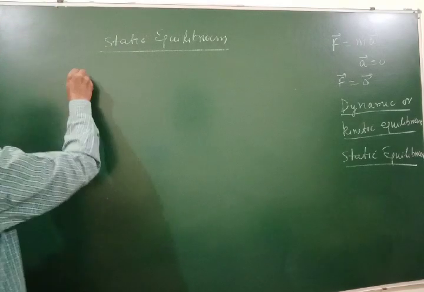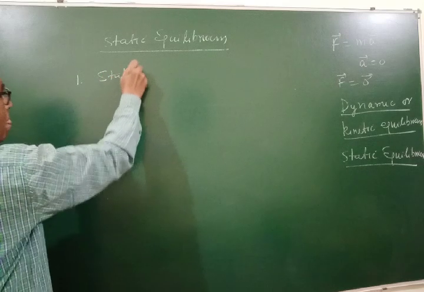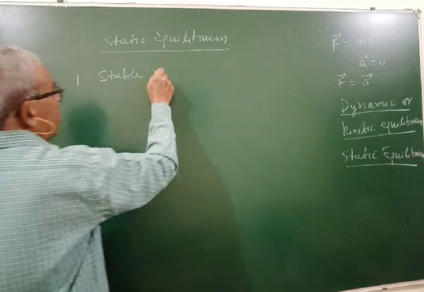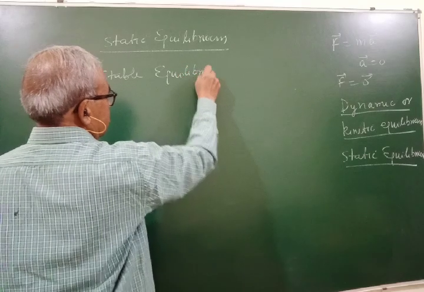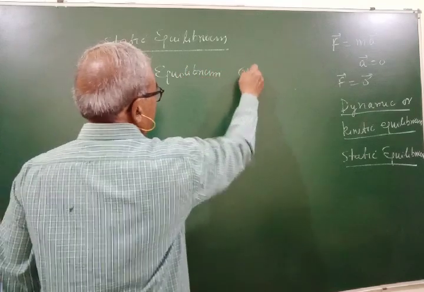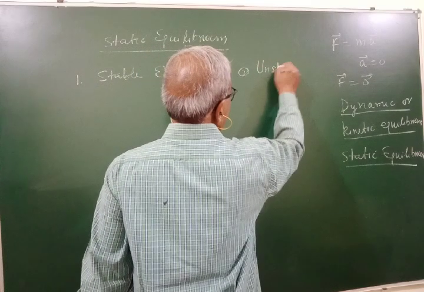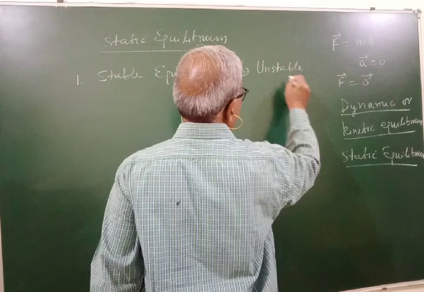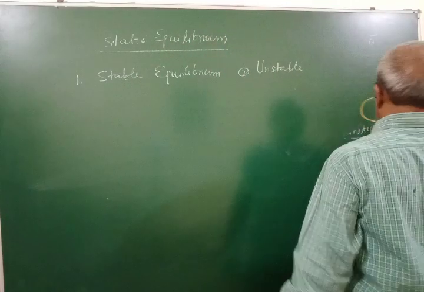Number one, stable equilibrium, and number two, unstable equilibrium.